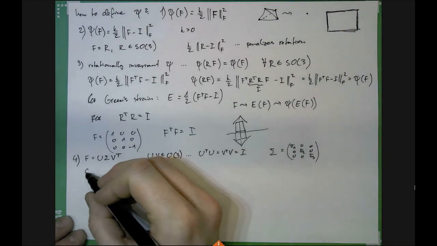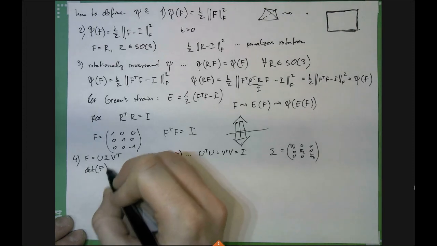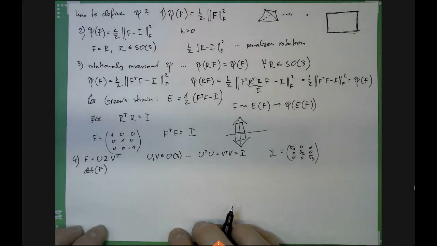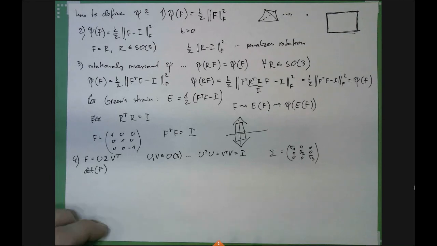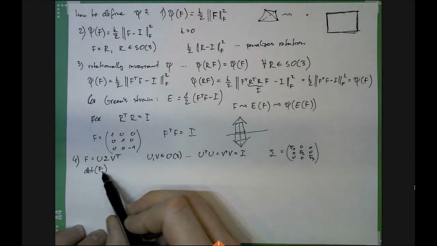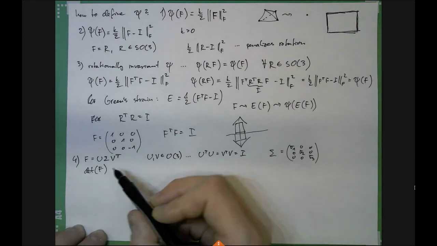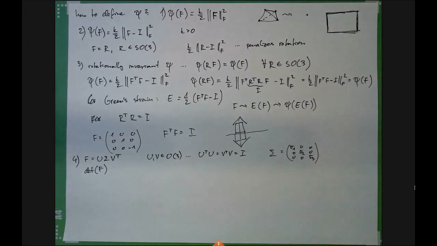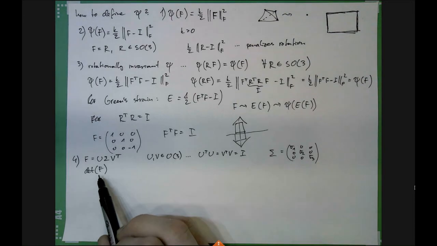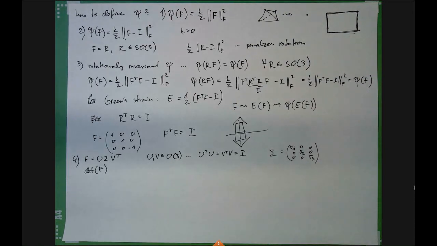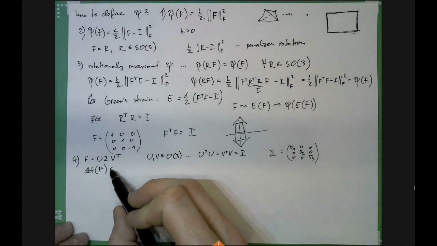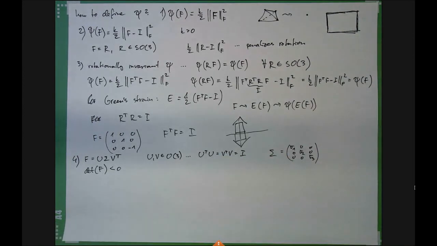You can just look at the determinant. Right? Because what does it mean? If the determinant of F is 1, then it means that the element did not change its volume. If the determinant of F is 0, that means that the element has been squished to 0 volume. If the determinant of F is less than 0, that means we have an inversion.